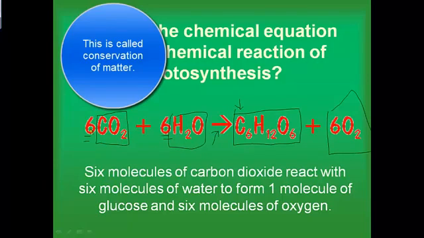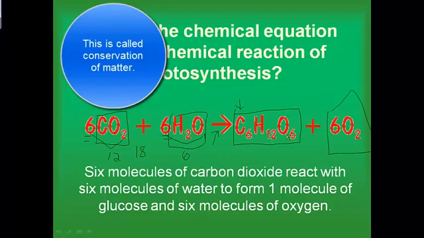Here, if we count the oxygen atoms, you'll notice 6 times 2, right here, is 12. So here I have 12 oxygen atoms. And here 6 times this down here, when there's nothing here, it means there's a 1 there. So there's 1 oxygen atom. So 6 times 1 is 6. So over here I have a total of 18 oxygen atoms.